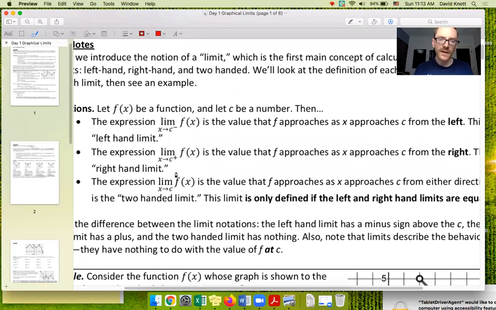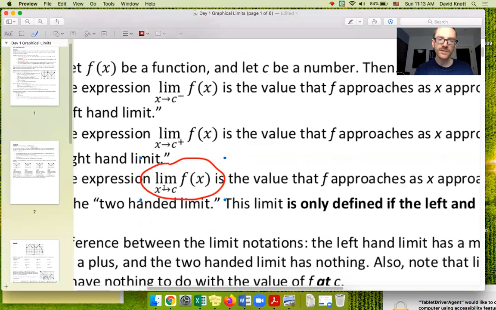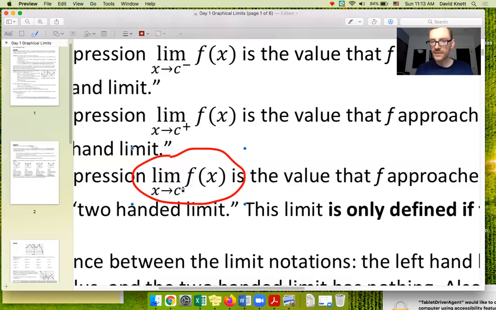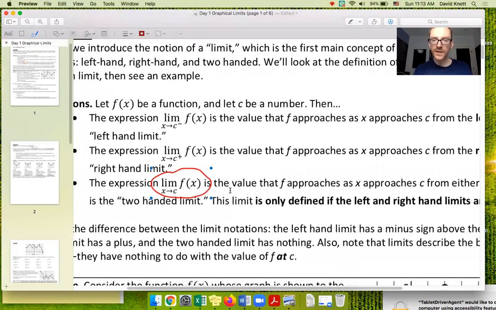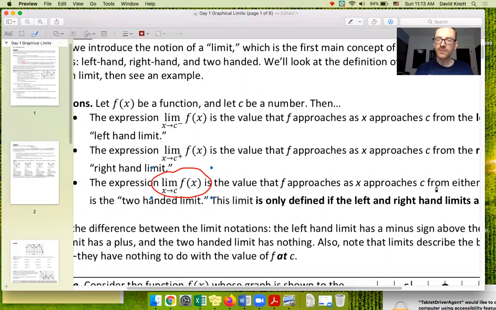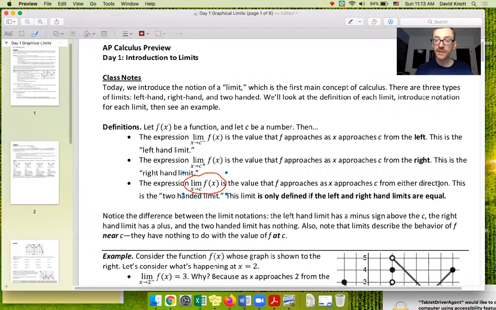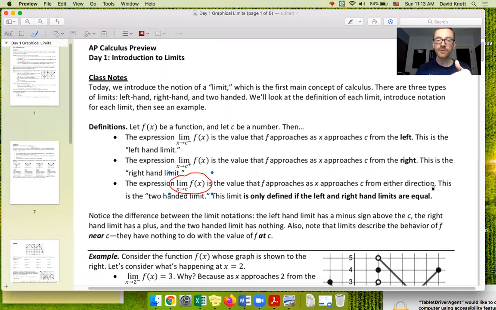And then finally, this last limit here is what we call the two-sided limit, or sometimes the two-handed limit. As you'll notice, there's neither a plus nor a minus above the c in this case, and that indicates that it is a two-sided limit. So this is the value that f approaches as x approaches c from either side, either the left or the right.